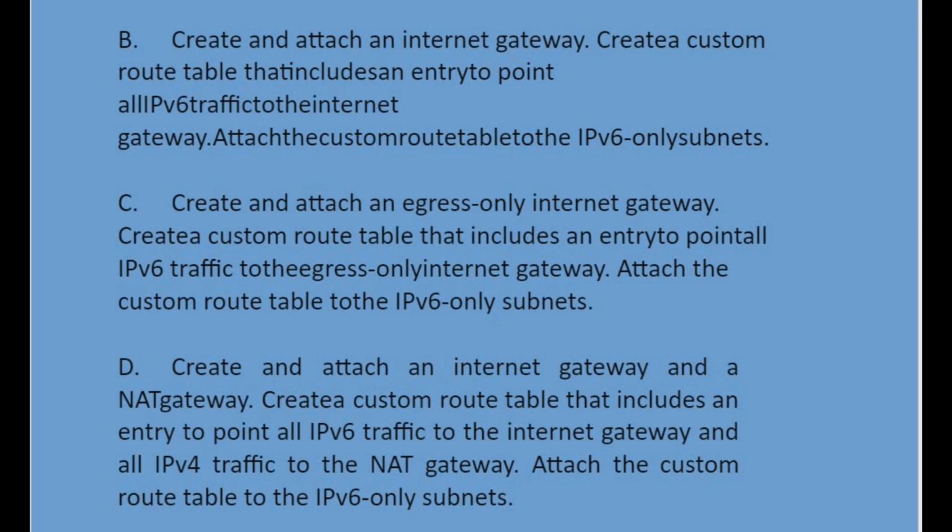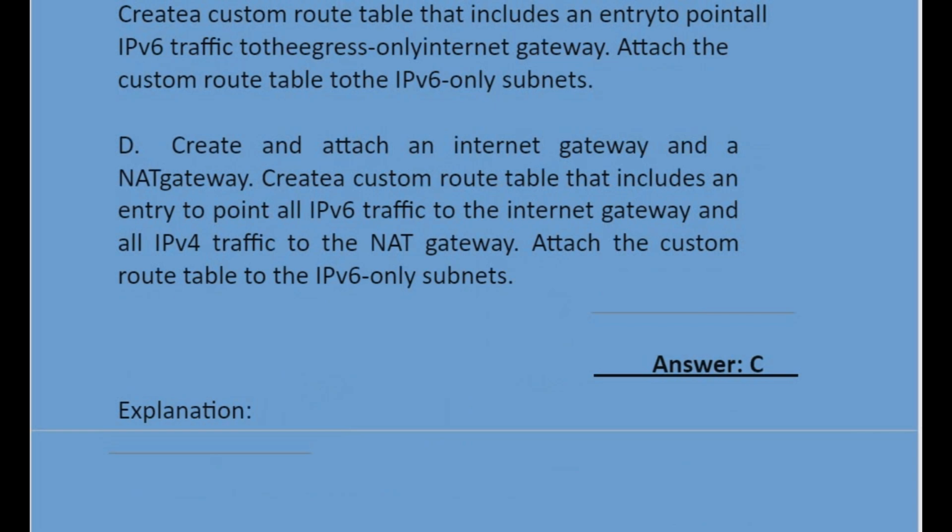Create a custom route table that includes an entry to point all IPv6 traffic to the internet gateway and all IPv4 traffic to the NAT gateway. Attach the custom route table to the IPv6 only subnets. Correct answer is option C.